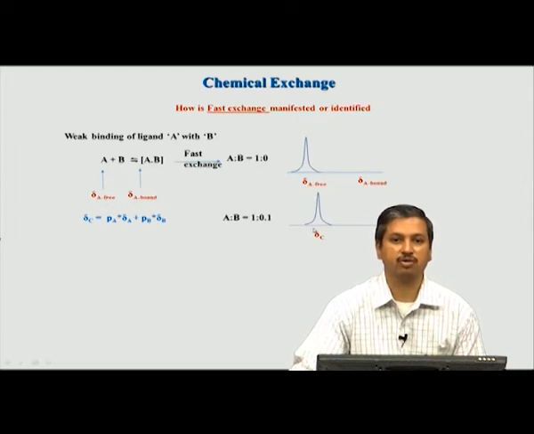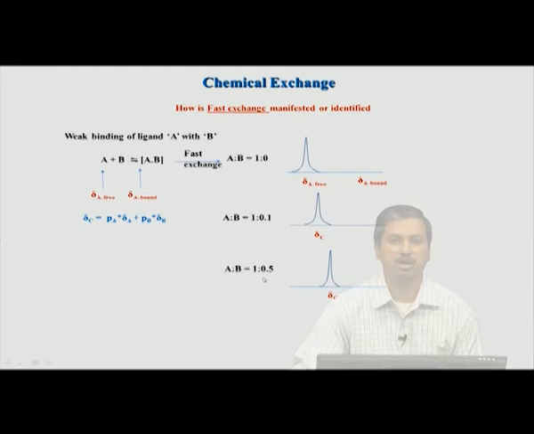Now, suppose we go a little bit more, if I add a little bit more of the B, what has happened? It has more population of the complex, because when I am adding more and more B, more and more complex is being formed, and therefore, this average value will shift towards the bound form. Why?